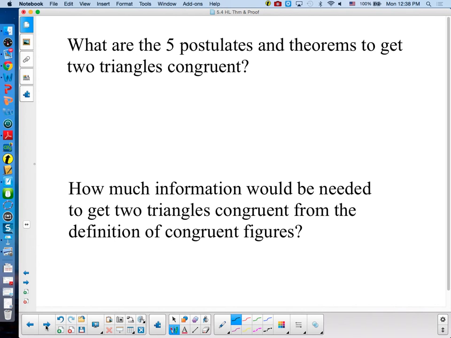Okay, so what are the 5 postulates and theorems? Without looking at the board, can you write it down for yourself? What are the 5 congruence relationships for triangles?